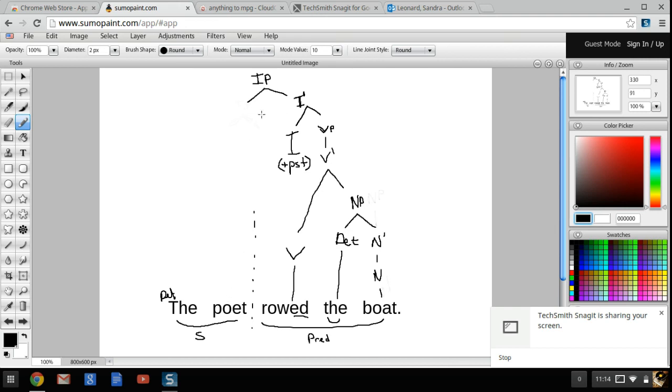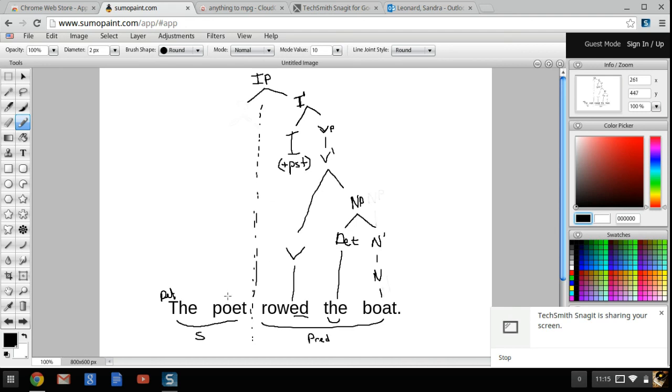Now, notice we do indeed have that big space in between subject and predicate. Usually there'll be a big white space in the simple sentences that we're seeing. You won't see any lines cross this way at all. You'll have a pretty big empty space here. So I've got poet.